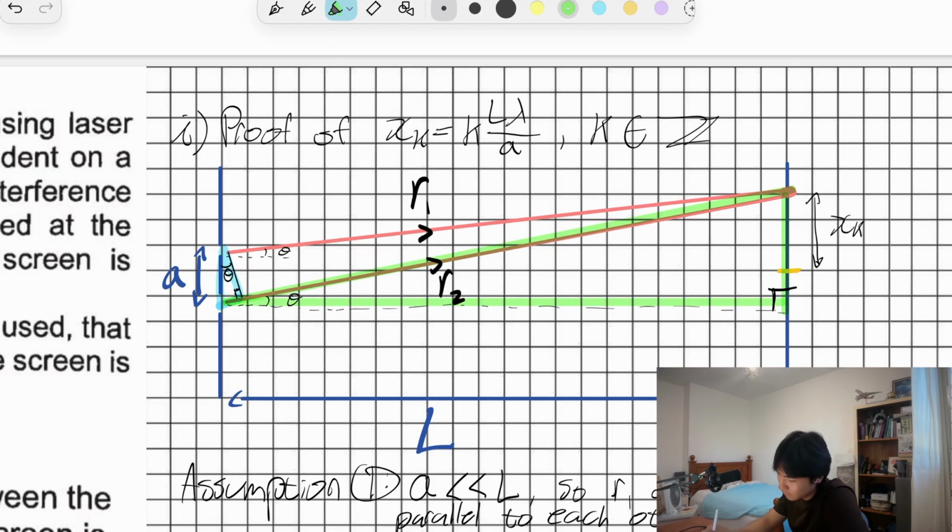Like this, right? And let's just call this one triangle 1. Let's call this triangle 2.